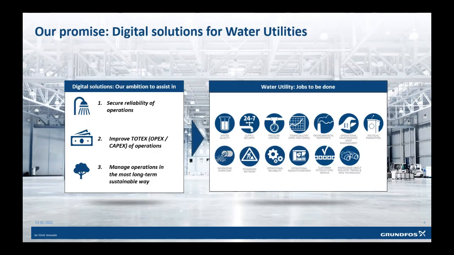For water utilities, that means that it is our ambition to create reliable operations, improve TOTEX, so that's reducing OPEX and CAPEX, and also to manage operations in the most long-term and sustainable way. That means that we need to be providing solutions and creating offerings that improve water quality, that increase security of supply, that reduce the impact of our actions on the environment.